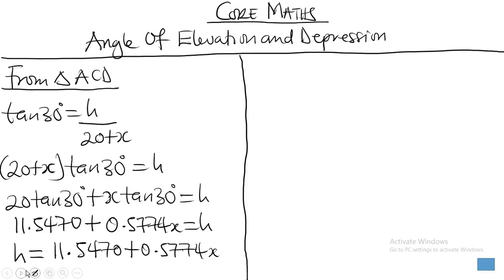Now at this point, there are two ways to go about it. You can either find the value of x and then use it to find H, or you can find the value of H straight away.